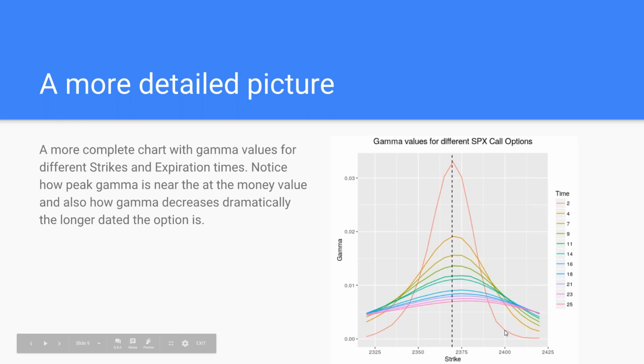So you start here with cheap gamma, and then the move up happens. Look at what gamma is doing. It is increasing, increasing, increasing dramatically. And finally, if the underlying reaches your strike, you will get the maximum gamma possible from that position. You cannot get anything more.